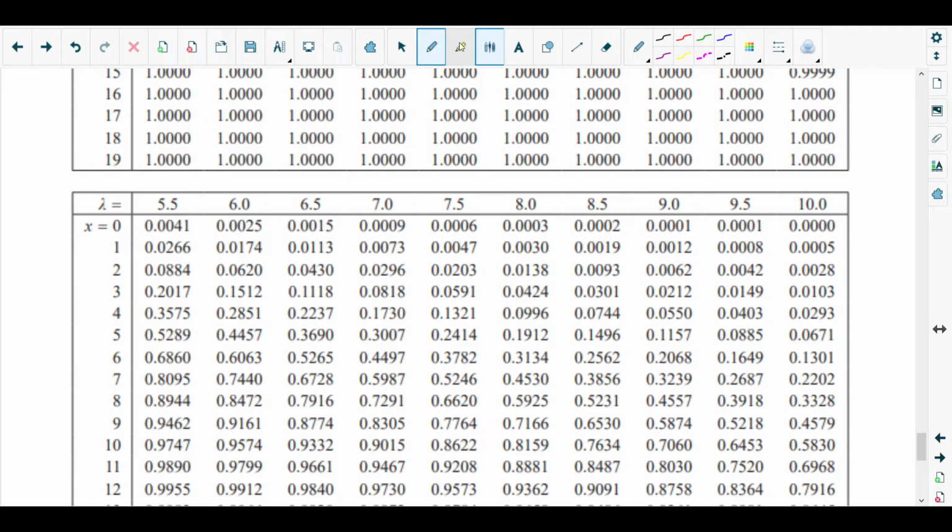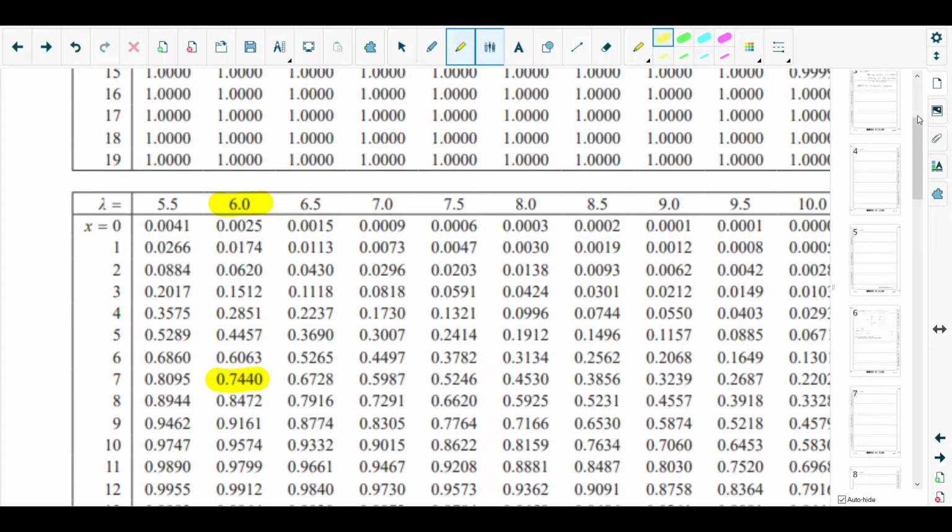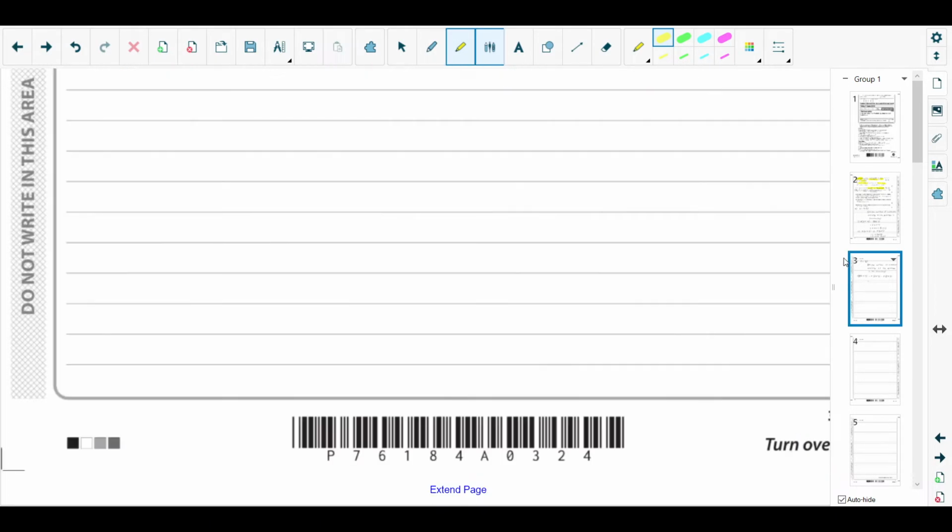Look, this is lambda 6. We need the probability of Y less than or equal to 7 first. This is 0.7440.